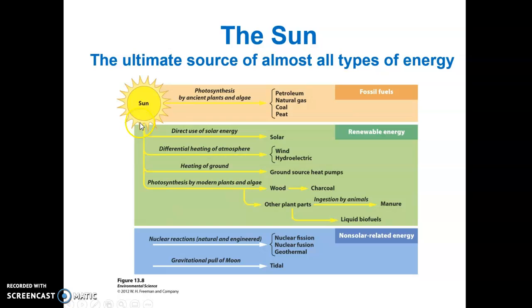Then we also have sunlight leading to solar energy directly, the differential heating of the Earth's atmosphere, creating wind flow, and water flow, so hydroelectric dams, heating of the ground, which can be extracted using ground source heat pumps, and last but not least, photosynthesis by modern plants and algae.